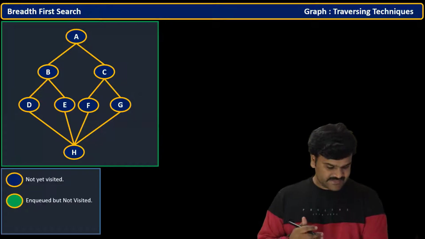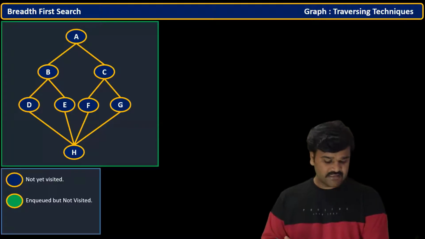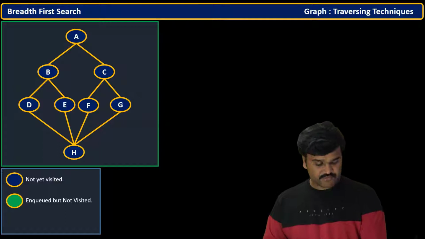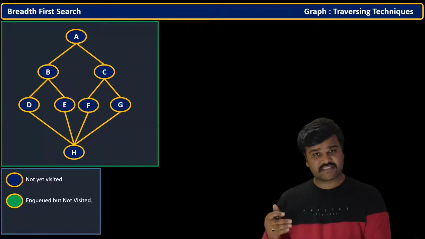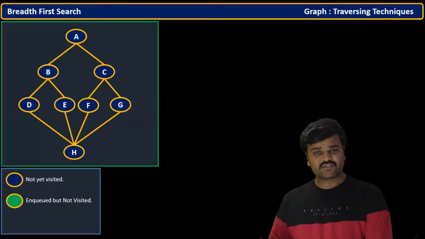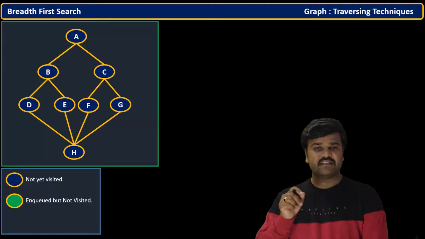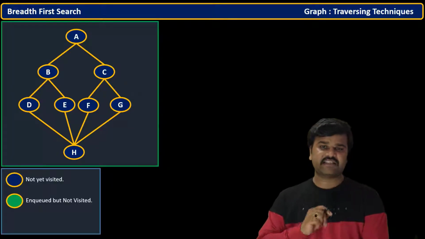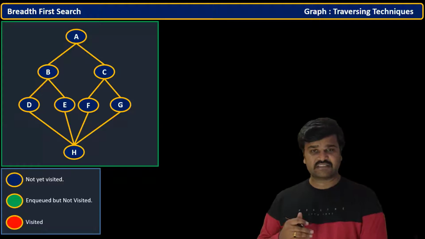And then green color is representing that the vertex is enqueued but not visited. Here we are going to use the data structure queue. If that particular vertex is already enqueued, then it is going to have the color green. Then red color means it is visited, so everything is done.